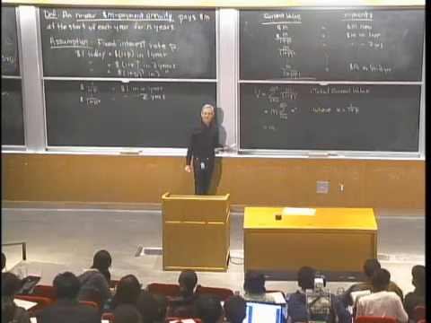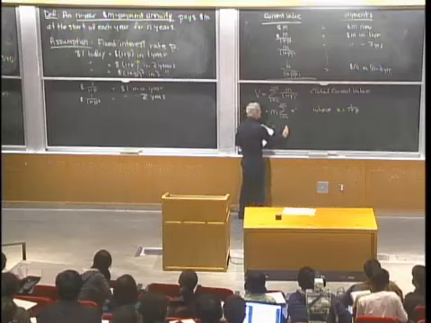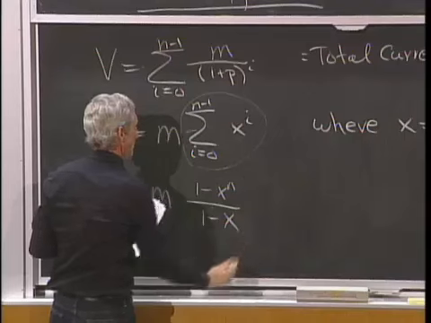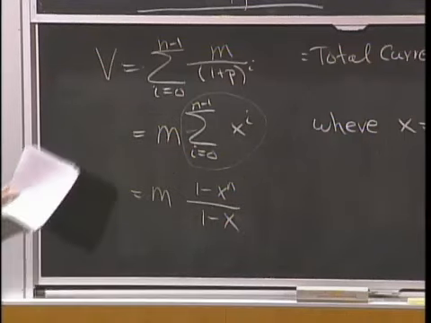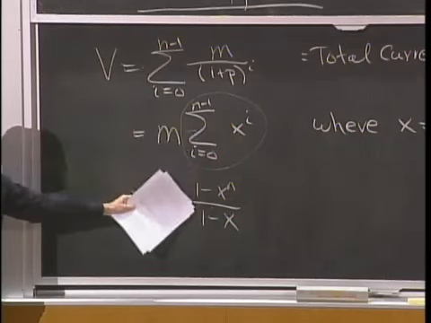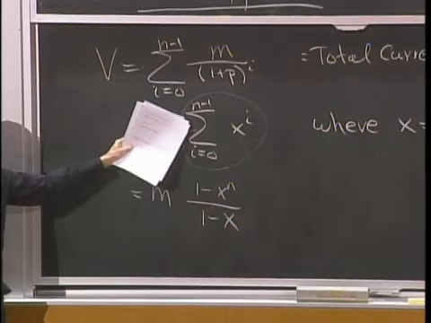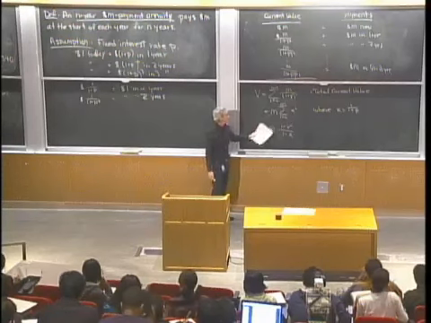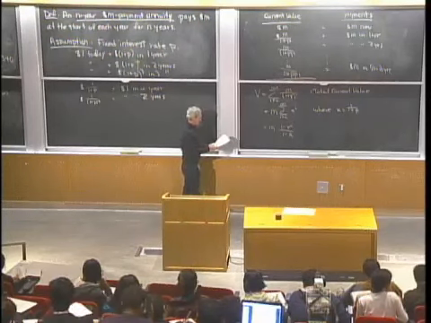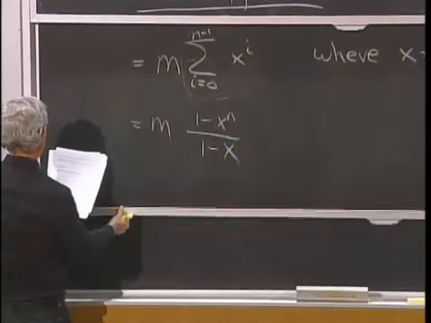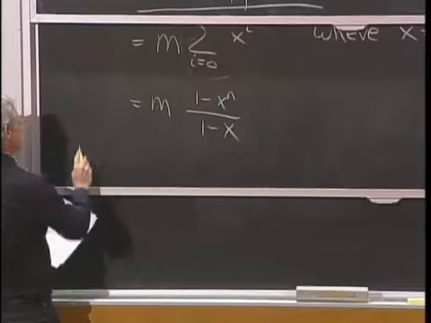Remember that? 1 minus x to the n over 1 minus x. All right, in the second recitation, I think, we proved that this equals that. What was the proof technique we used? Induction. Okay? All right. So, in fact, there's a theorem here.